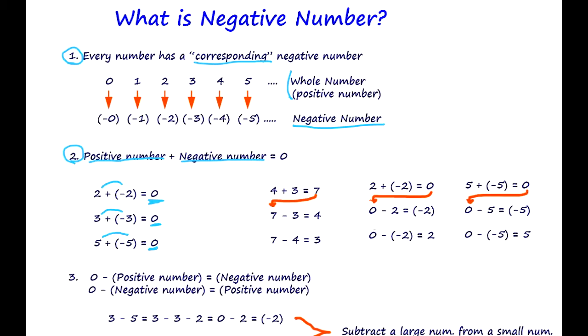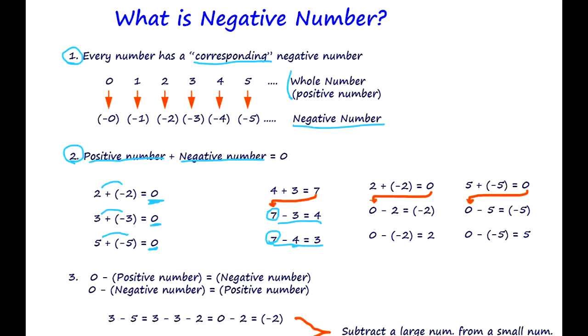Okay, here comes a math trick. Say you learned so far that 4 plus 3 is 7. You bring the 7 over here and subtract one of them, say 3. Then you get 4. That's correct, right? Same way, you have 7, subtract 4, then the answer is 3.